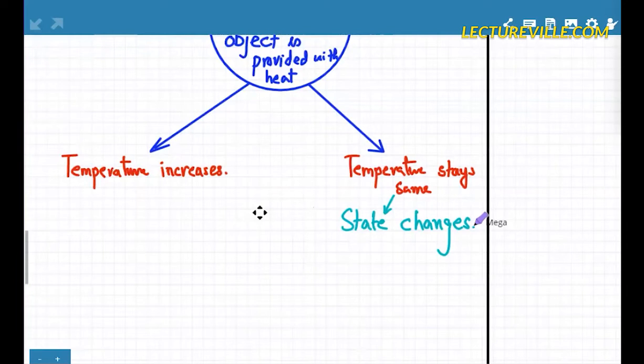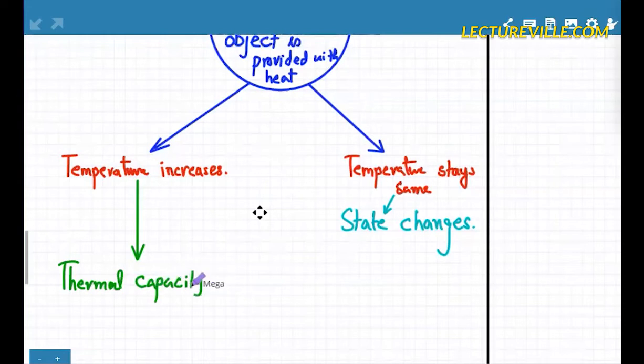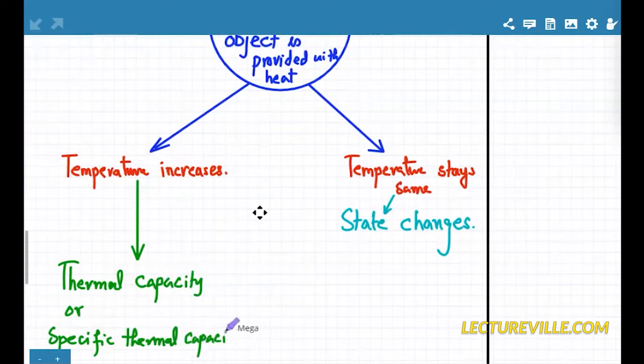Yes, sir. Good. Now these two heat energies have their own separate names. This heat energy is called thermal capacity, or specific thermal capacity.